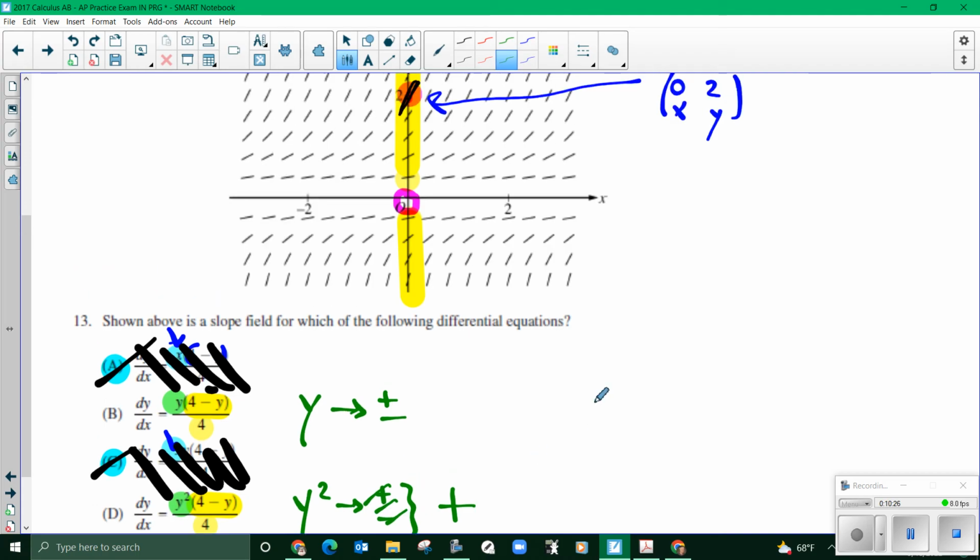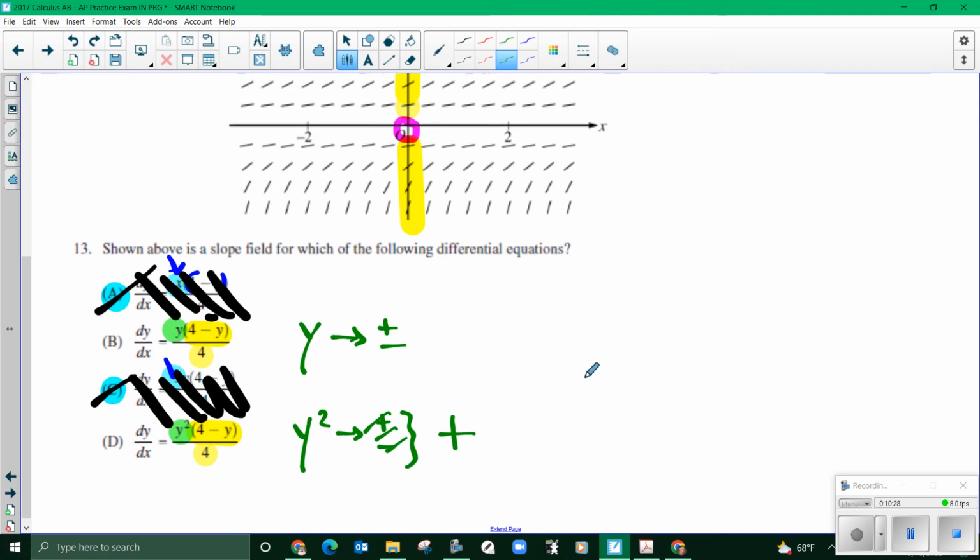Let's pick a negative value. If I picked a positive value, if I picked 4, I'm going to end up positive here. But a negative value will indeed make choice B have a negative number here.